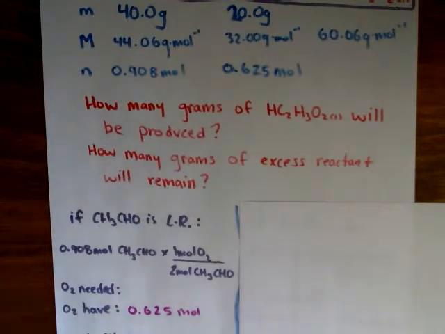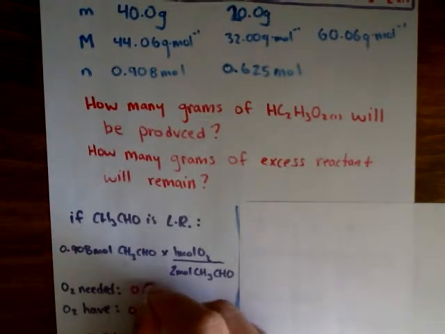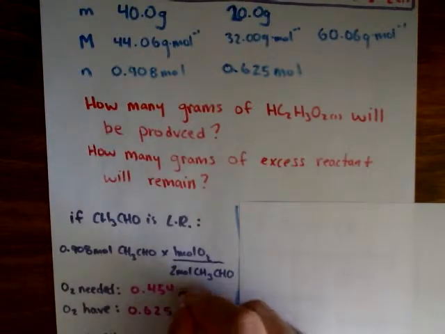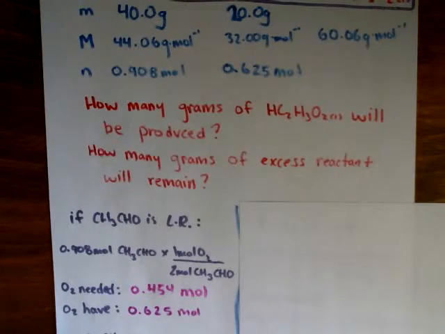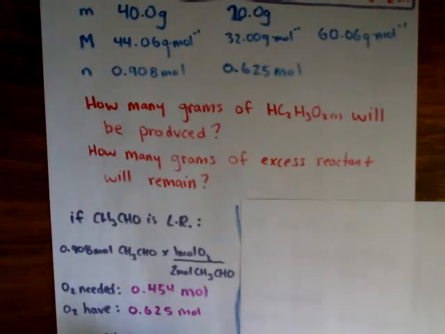If we do this calculation, we'll see that the amount of oxygen that's needed is 0.454 moles. And we see from above that the amount of oxygen that we have exceeds what we need. So therefore, we can say that the oxygen is our excess reagent, and therefore the acetaldehyde is the limiting reagent.